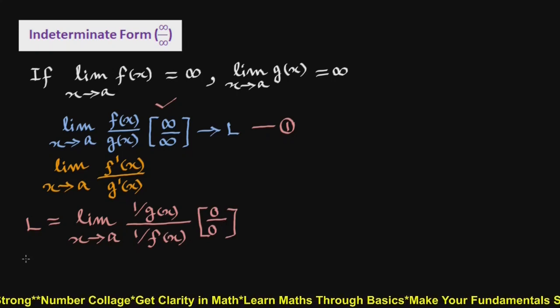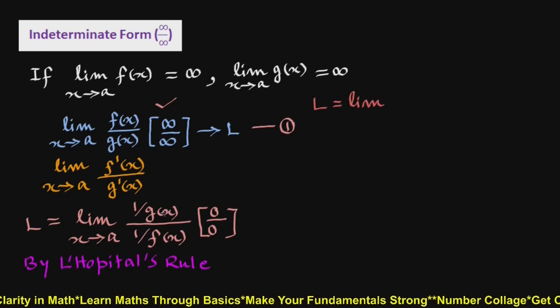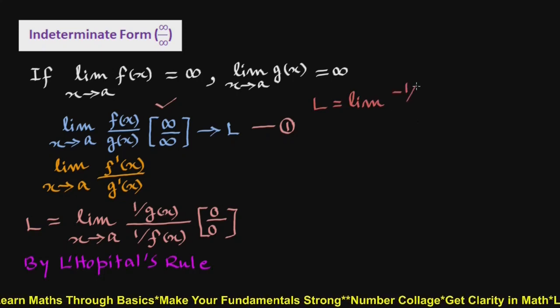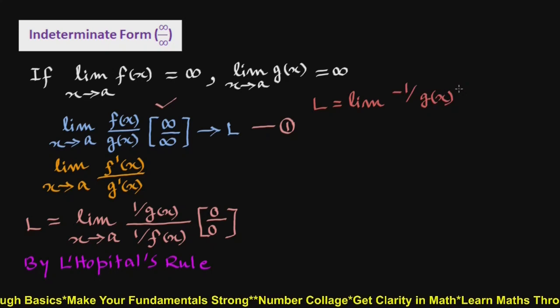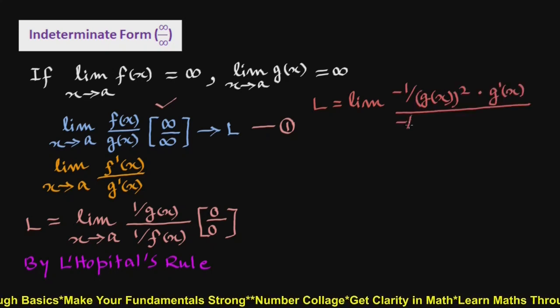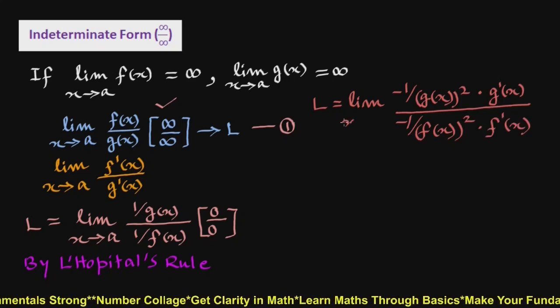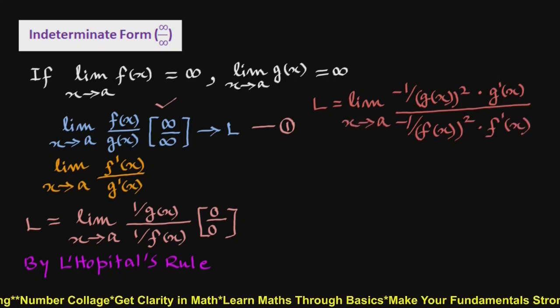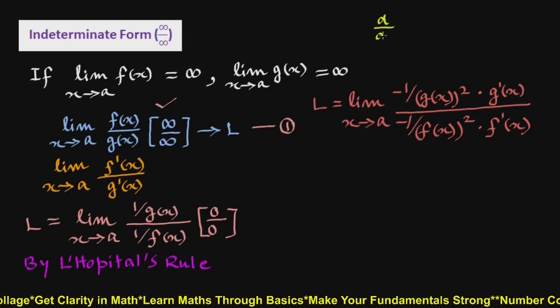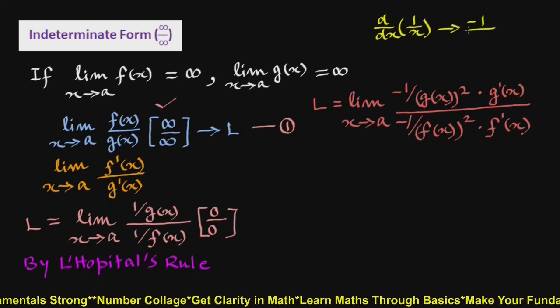By L'Hopital's rule, L will be limit derivative of 1 upon g(x), minus 1 upon g(x) whole square into g dash x, upon minus 1 upon f(x) square into f dash x as x tends to a, because we know d by dx of 1 upon x is minus 1 upon x square.